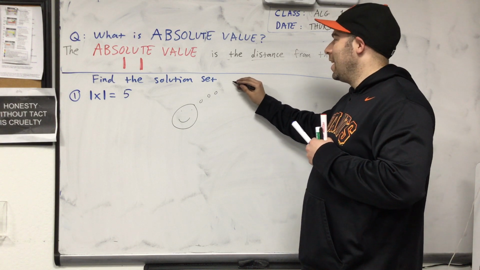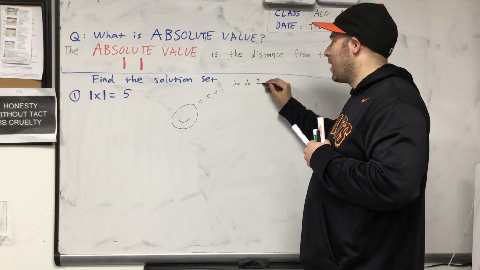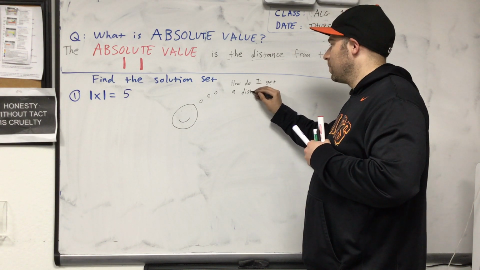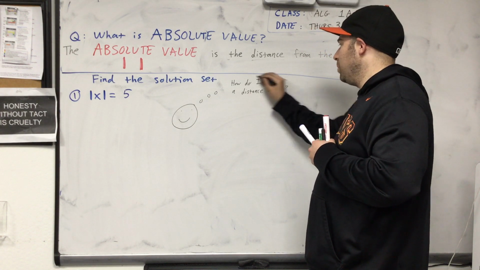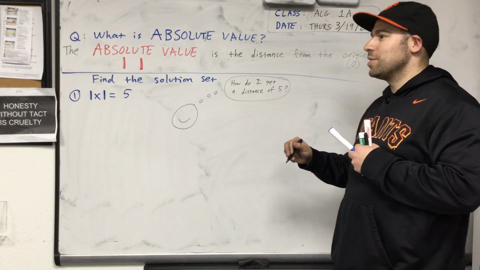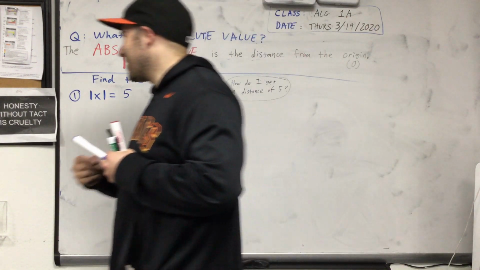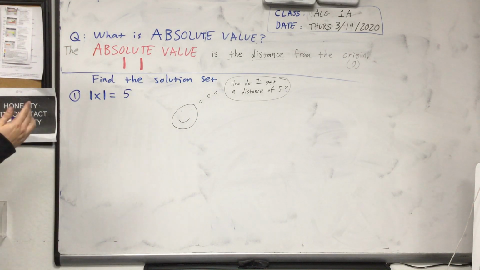So in fact, the question is, how do I get a distance of 5? How do I get a distance of 5 as opposed to, how far is 5? In this case, remember, there's forwards and there's backwards.